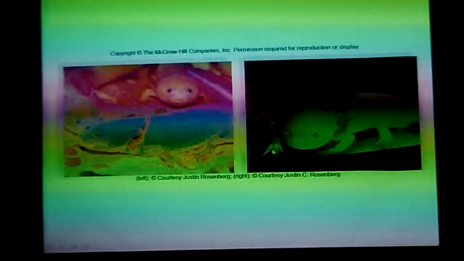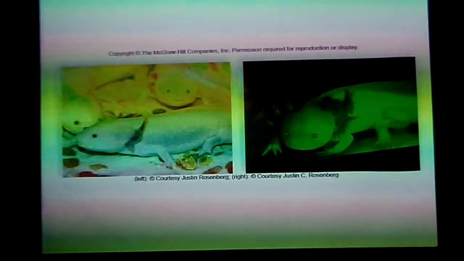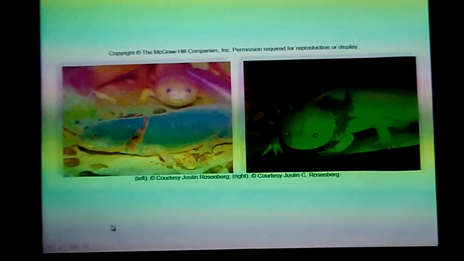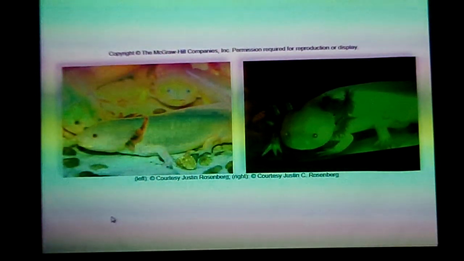Hey, there's a cool looking newt. I don't know why he's in there. I think there's a special reading section about how those things can regenerate their lost body parts and such. Read about that. That's on page 594.